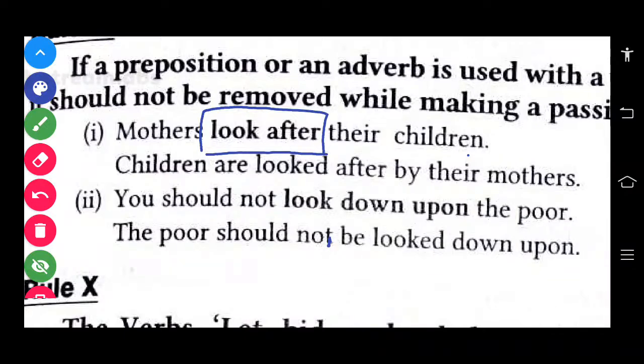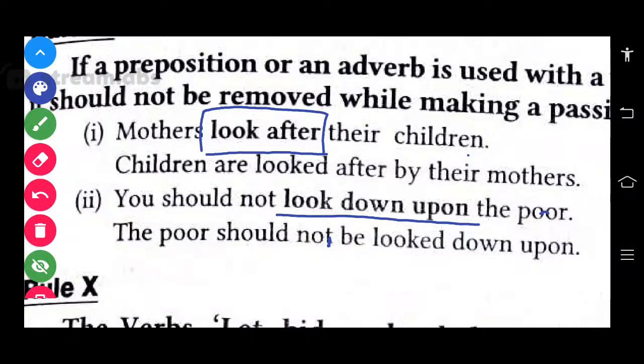Did you understand this? And then look at the next example with regard to this rule. You should not look down upon the poor. Look down upon is a phrasal verb. That means you should not consider poor people as inferior to you.